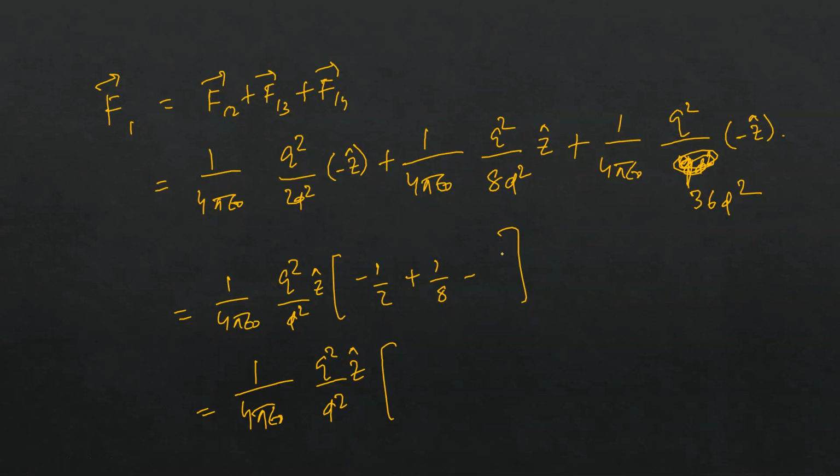So this is your 1 by 36, so this is your 72, minus 36 plus 9 plus 2. I hope this is at least correct.